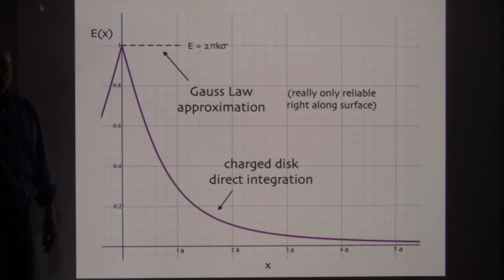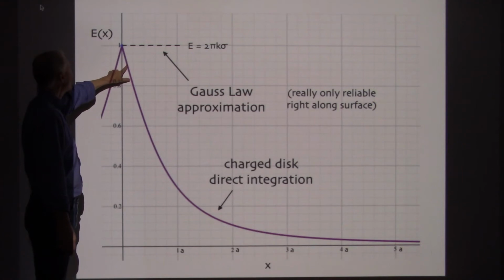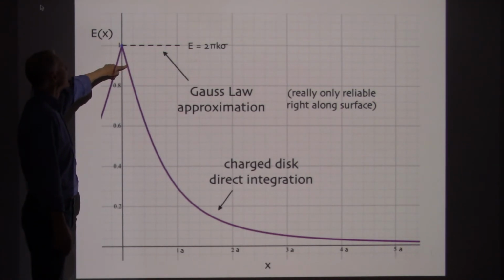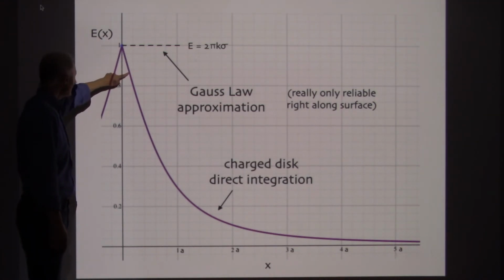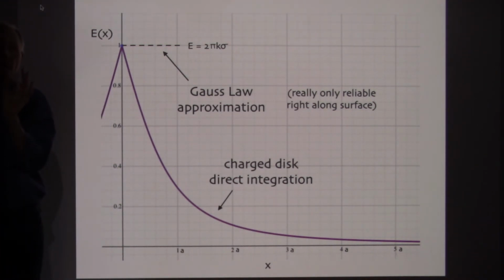I'm going to say not very far, right? By the time you've come out to here, you've dropped down to 90% of the electric field, and the distance you've traveled is 1/10 of a radius.